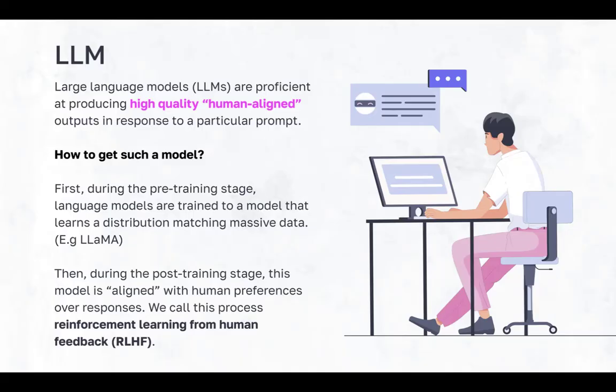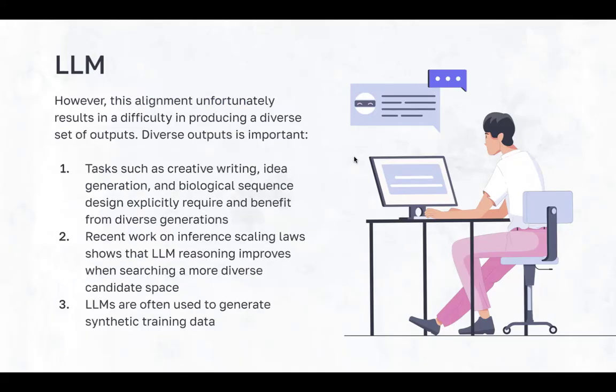It's RLHF. However, this alignment unfortunately results in a difficulty in producing a diverse set of outputs. Diverse sets of outputs are important. First, tasks such as creative writing, idea generation, and biological sequence design explicitly require and benefit from diverse generations.